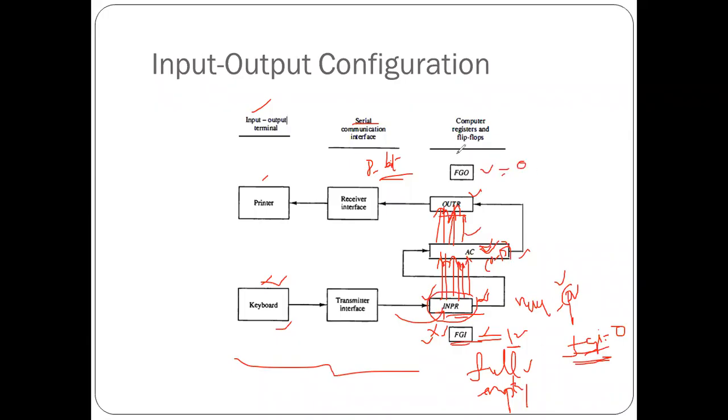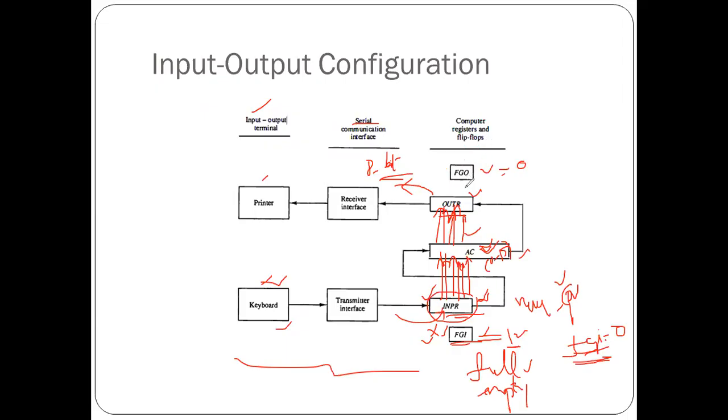The flag is cleared to 0 by the CPU. Now the printer will receive the 8-bit information from the output register serially and print it onto the printer device.